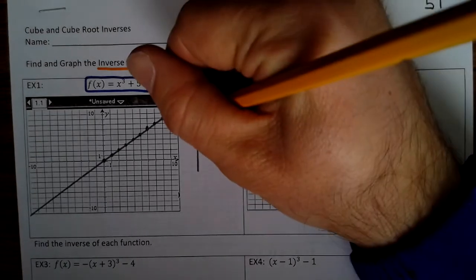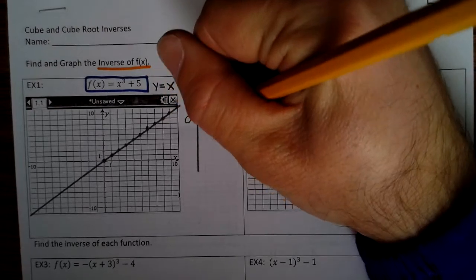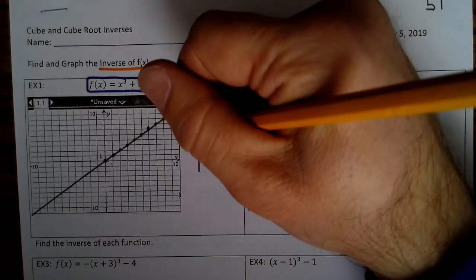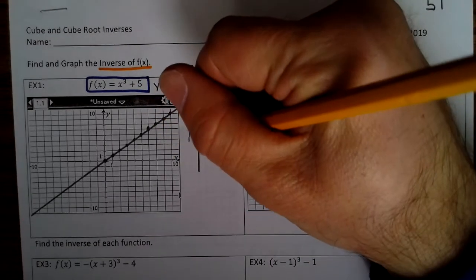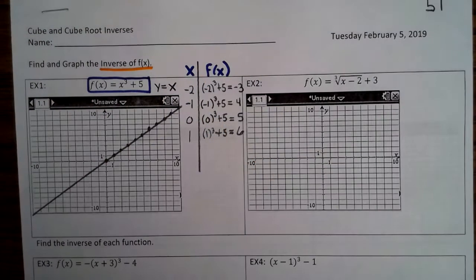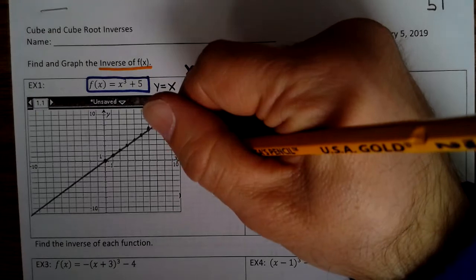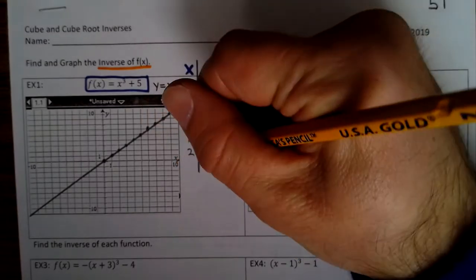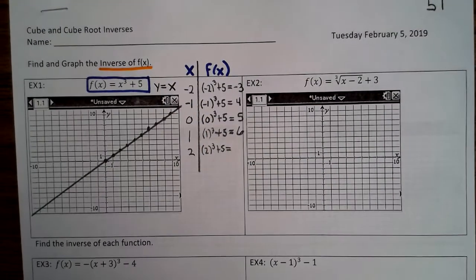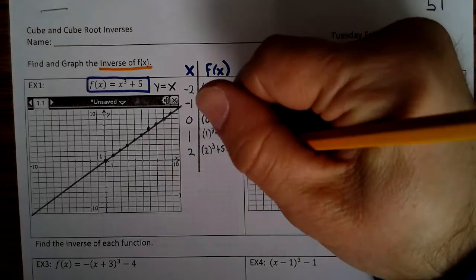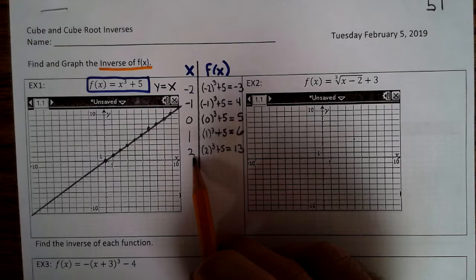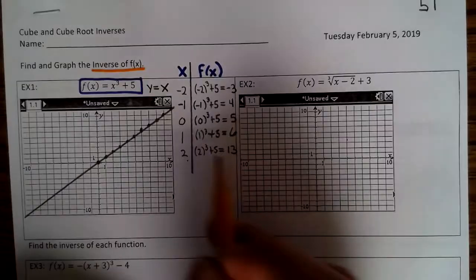When x is 0, that's 0 cubed plus 5, which equals 5. When x is 1, 1 cubed plus 5 equals 6. And when x is 2, 2 cubed plus 5 equals 13. Well, that's a valid point. It won't fit in the graph, so we're not going to worry about this point.